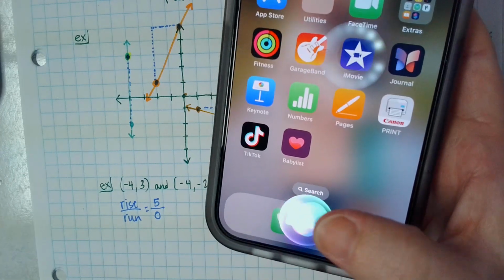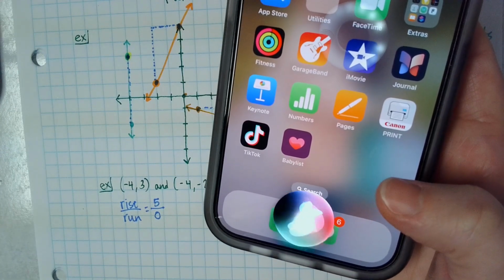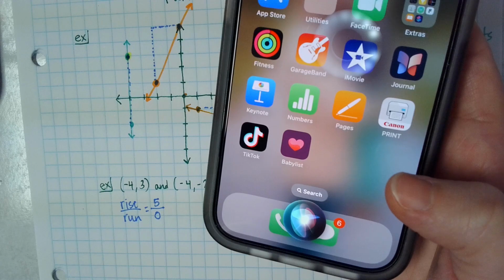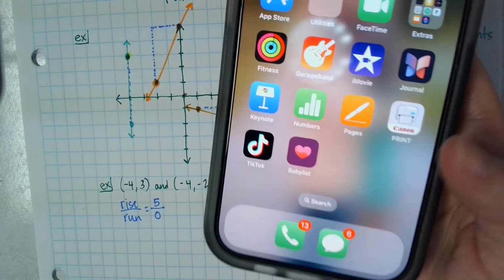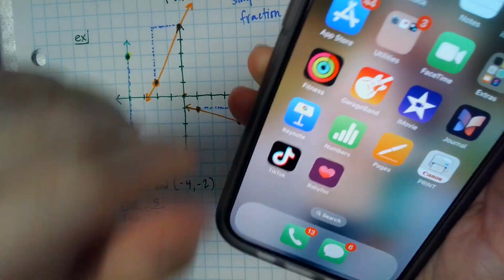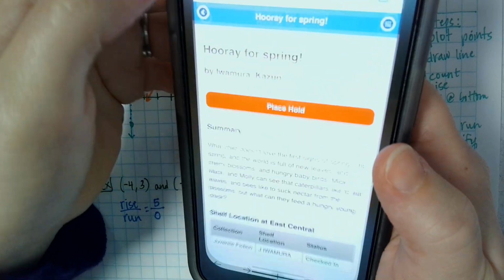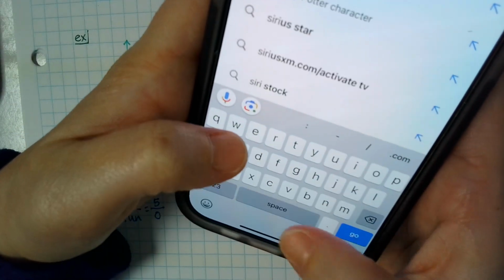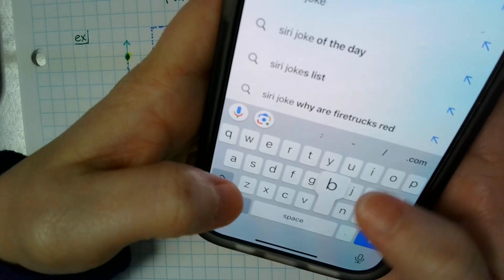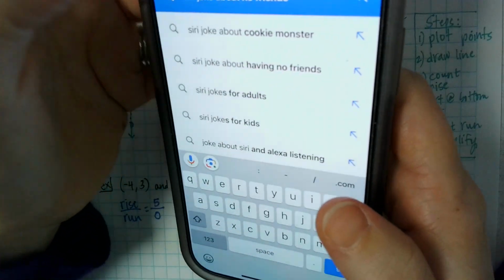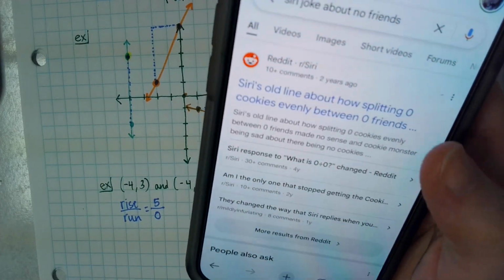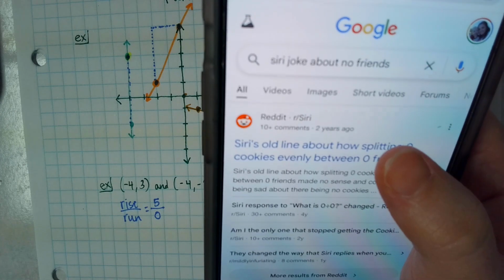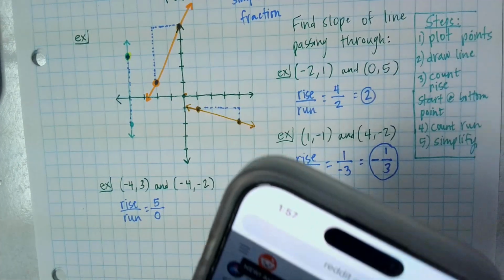Oh, she doesn't say the cookie thing anymore. I promise she really used to say that. Siri, joke about no friends. Oh, yeah, there it is.